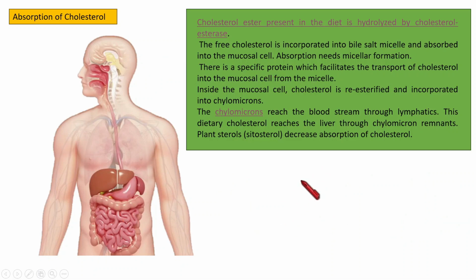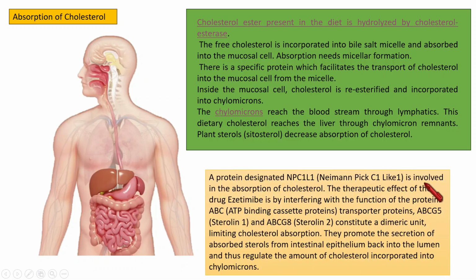Then there should be some method to regulate the absorption limit of the cholesterol. Otherwise, the cholesterol level in our body will steeply rise. So, which are those methods that we also need to understand? There is one protein. Its name is NPC1L1. So what is its role?